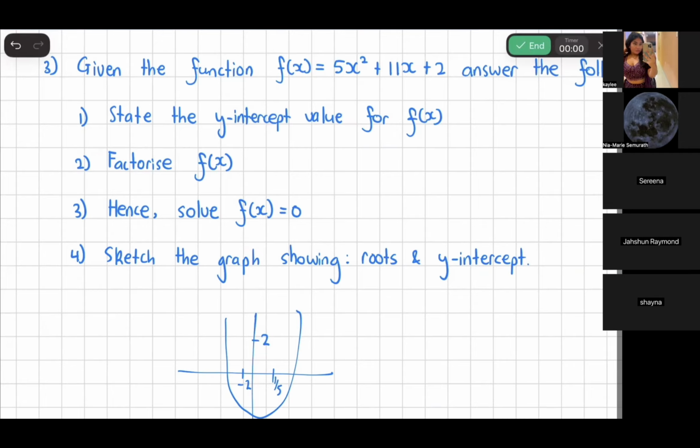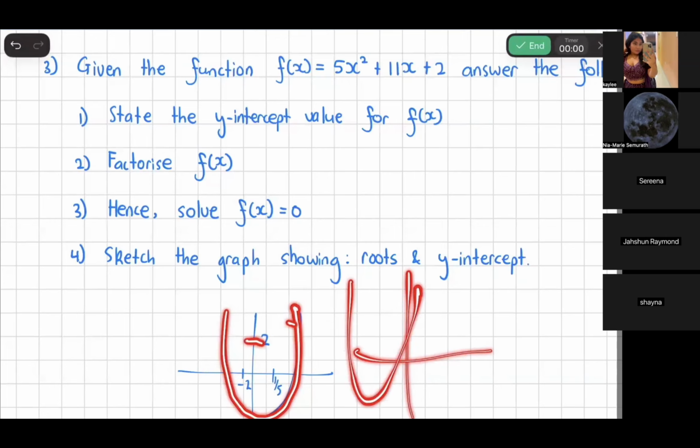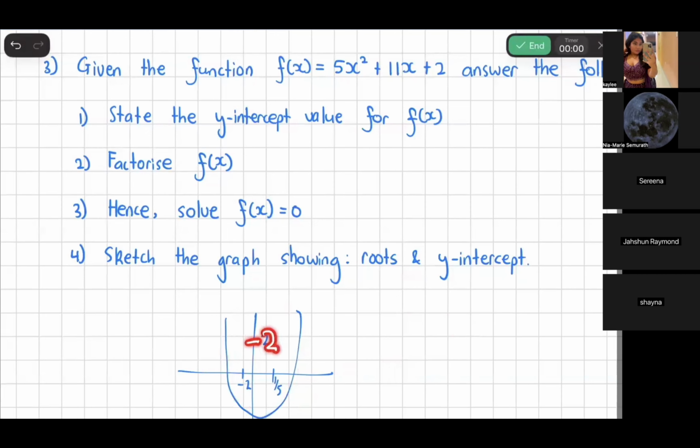Okay, so you see this curve over here. That 2 tells us where the curve is supposed to cut the y-axis. But you just had the 2 there for style. No, the 2 is not supposed to be there for style. Another thing, do you know what the roots are?